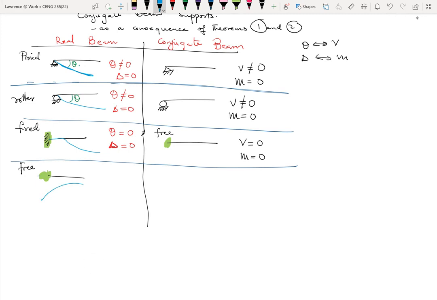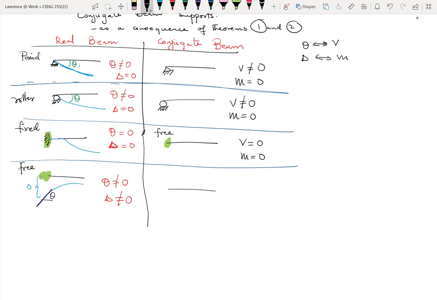It means that I would end up with some deflection and also, if I'm to draw a tangent at that point, I'll end up with some rotation theta. Okay, so it means that for this point, theta is not equal to 0, and delta is also not equal to 0. Okay, so it means that we need a support condition that will support this information.